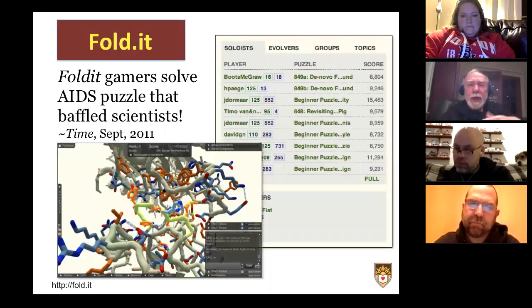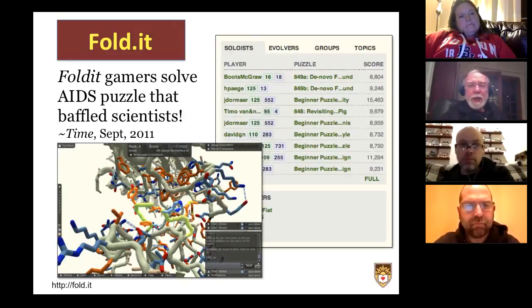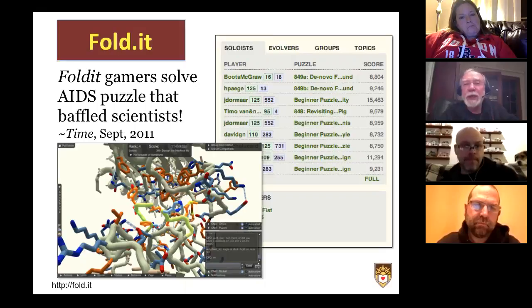So here's a serious game. It's called Fold It. And you can, for no cost, get on foldit.com or foldit.it and engage in the challenging task of protein folding. You get points for doing this, and you see a leaderboard on the right and scores.